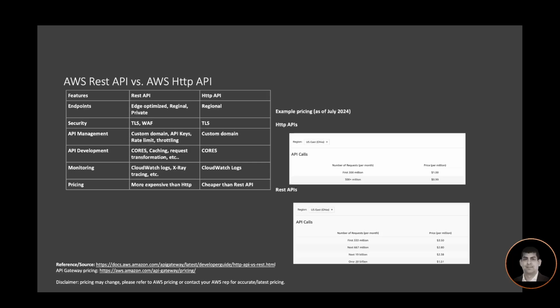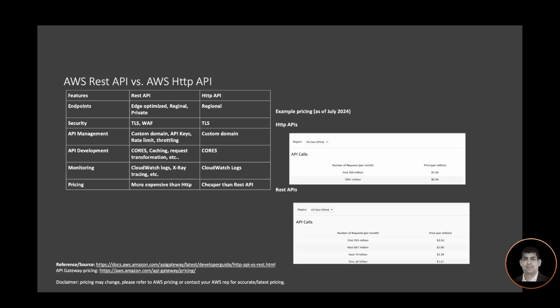I have put a link here, the source of this information, which is the AWS site that describes the differences between REST API and HTTP API. AWS keeps adding new features to HTTP API, so please refer to the link for the most up-to-date information on HTTP API.